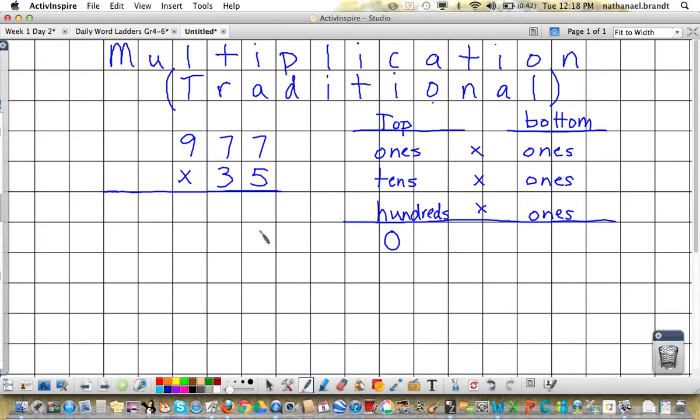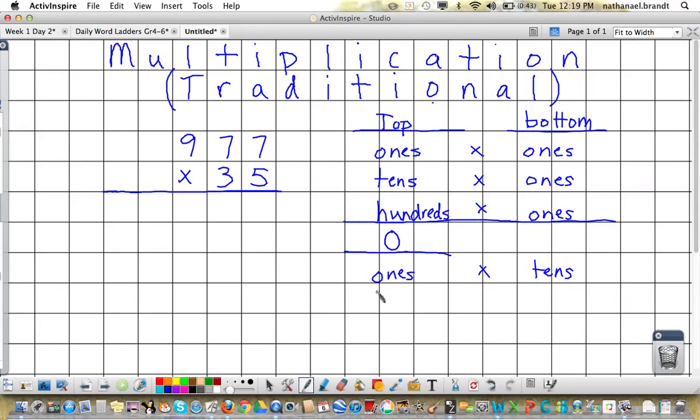We need to put a 0 there to hold our place, to know that we're now multiplying by the tens place. And once we put our 0 down, we can go back through the same process. Top number times a bottom number. In this case, we're already done with the ones place, so we're going to go back up to the ones place in the top number times the tens place in the bottom number.